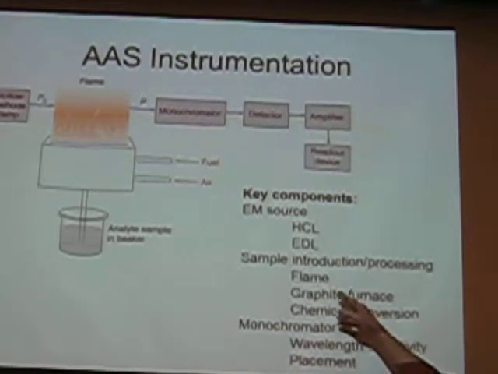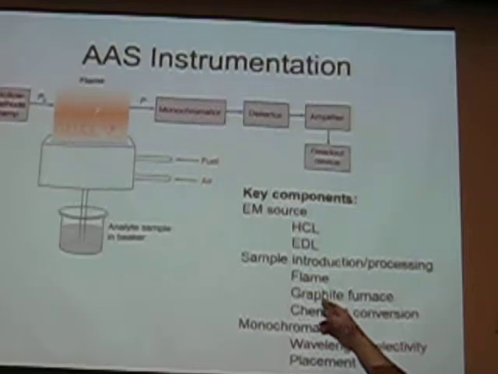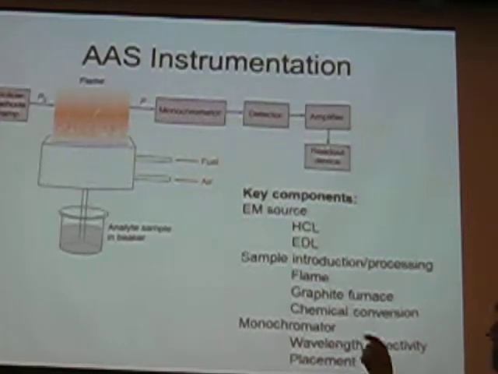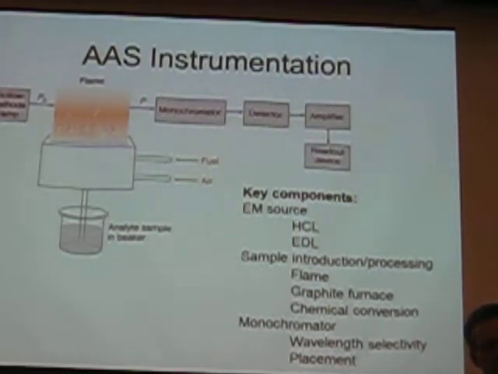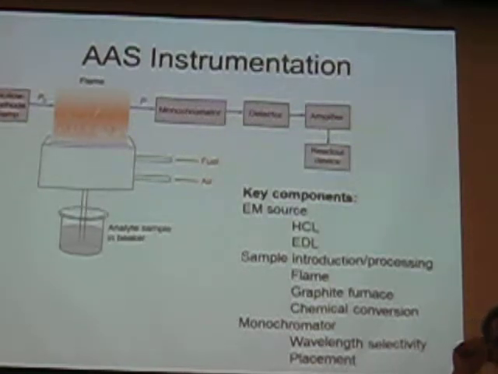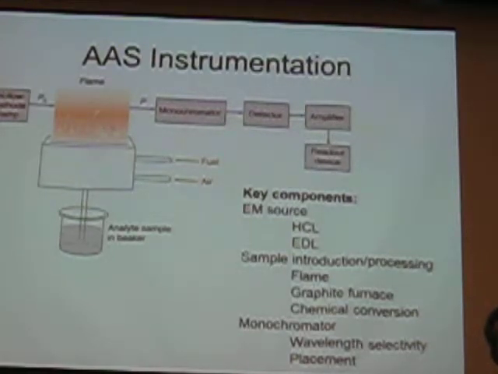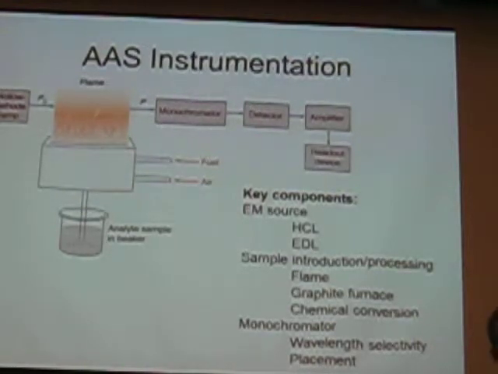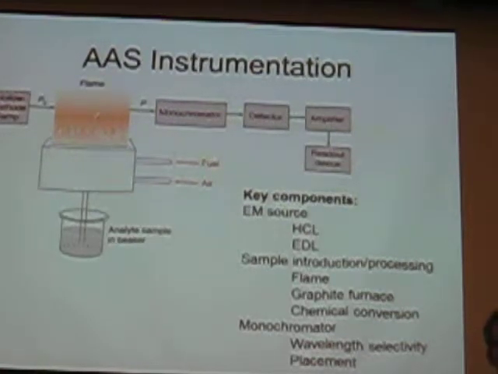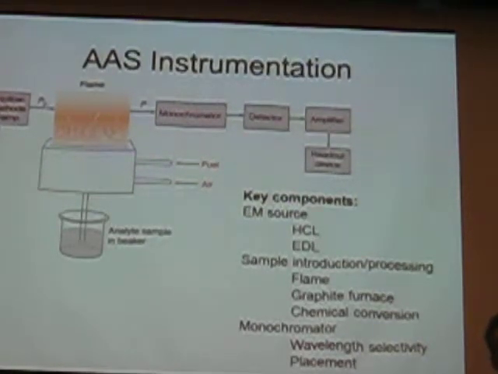But there are other ways to do that which are actually far more sensitive. One example is a graphite furnace, a small tube about the size of this piece of chalk, where your sample, about 20 microliters, is injected with an auto-sampler. It then goes through a program to heat that tube up, to 100 degrees for maybe a minute, then 500 degrees to break down any organics, and then up to 2,000 or 3,000 degrees, depending on the element, to volatilize and atomize the sample in this space, but it's a hollow tube.